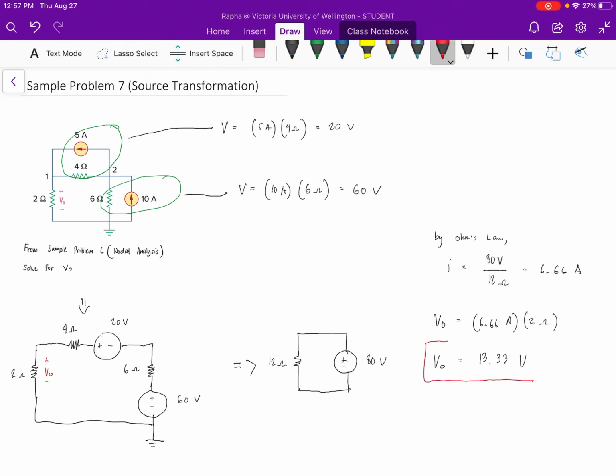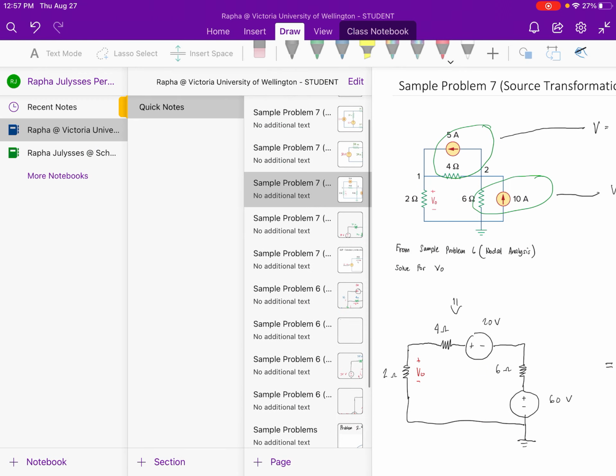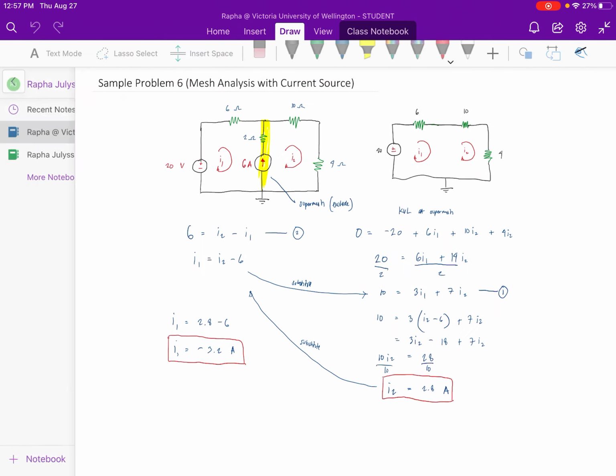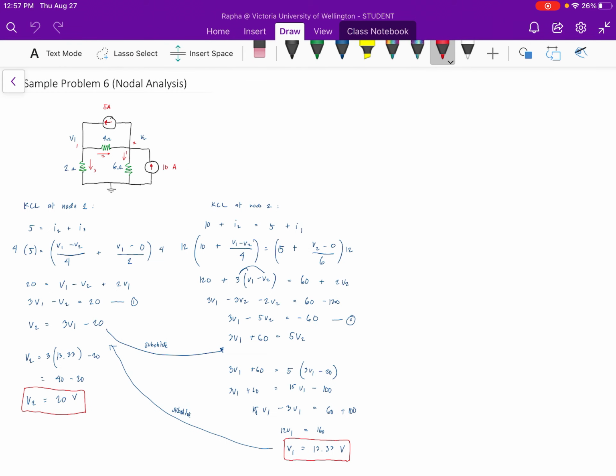So once again, VO, or the voltage across the 2 ohm resistor, is equal to the node voltage at node 1. Just to compare, we have solved this problem previously. Just going to look for it. There.